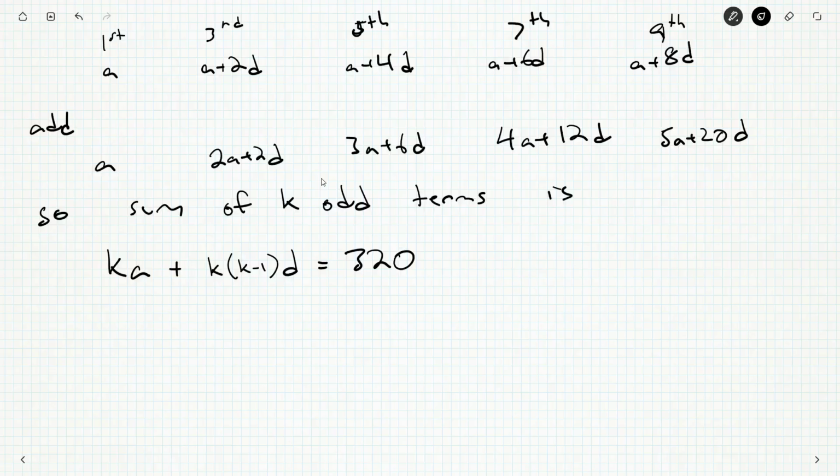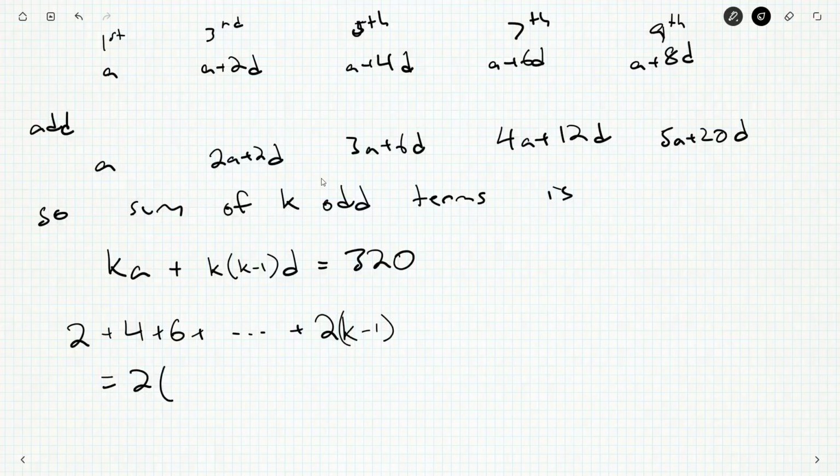Now, we could go ahead and prove this if we really wanted to. It's really about whether the sum of 2 + 4 + 6 + 8 and so on equals k times (k - 1), and you could show that without too much difficulty. 2 + 4 + 6 all the way up to 2 times (k - 1) is 2 times (1 + 2 + all the way up to k - 1).